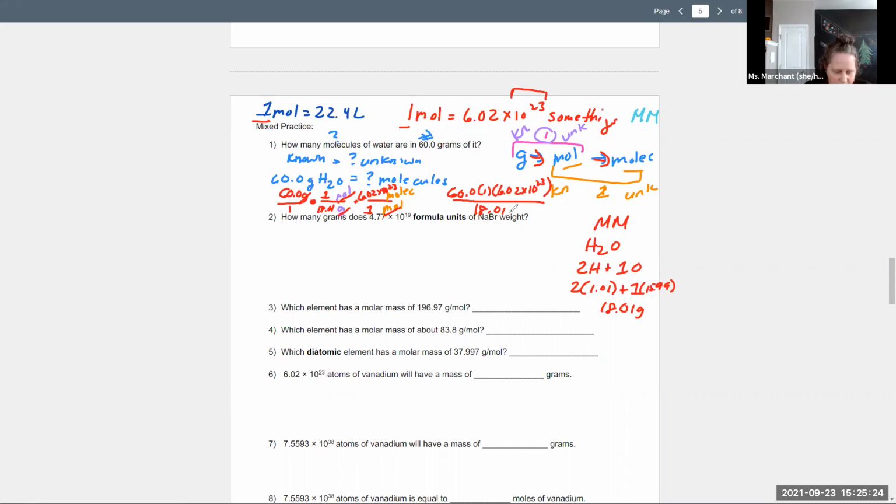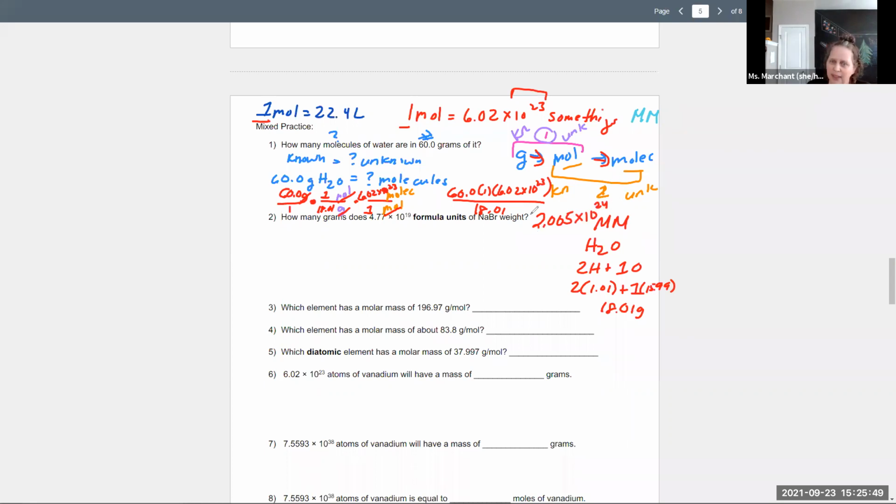Now I put this in my calculator. 60 times 6.02, and I use the double E button to go to the 23rd. That gives me my numerator is now 3.612 times 10 to the 25th, divided by 18.01. So what is my final answer there? 2.005 times 10 to the 24th.